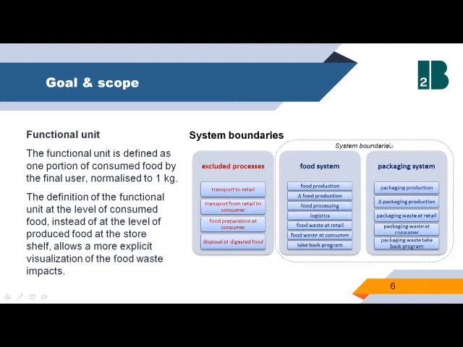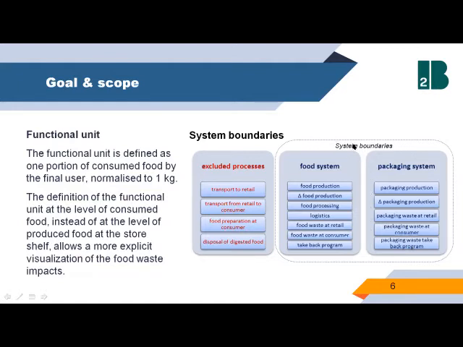Then we have the packaging system. Here we have packaging production, the extra packaging production due to food waste, packaging waste at retail, packaging waste at consumer, and then packaging disposal.